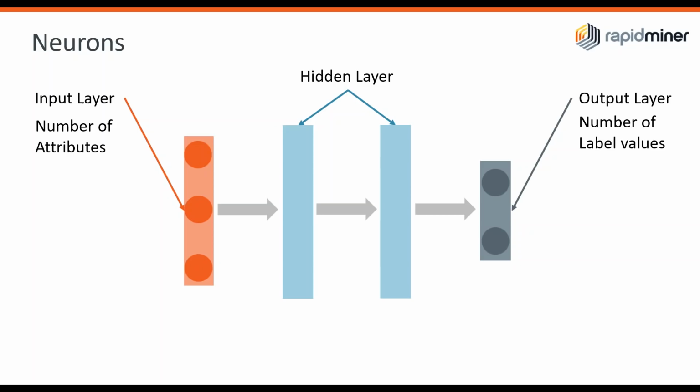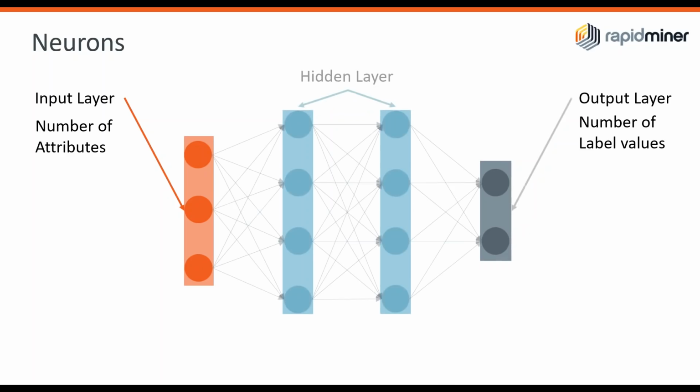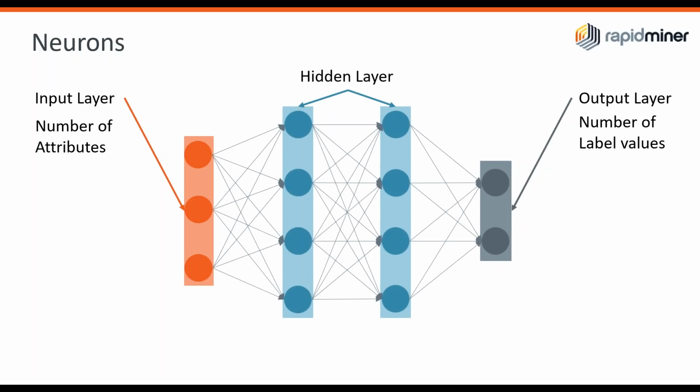So you have 2 possible answers. Then you would have 2 neurons at the output layer. And if you would do a regression for one value, the basket value, for example, you would have 1 neuron. So in between, we could have as many neurons as we like.